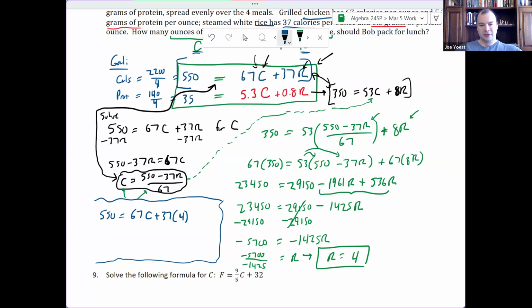So I have 550 is 67C plus, and then 4 times 37 is 148. Solving this for C, I subtract 148 to get 67C equals 402.